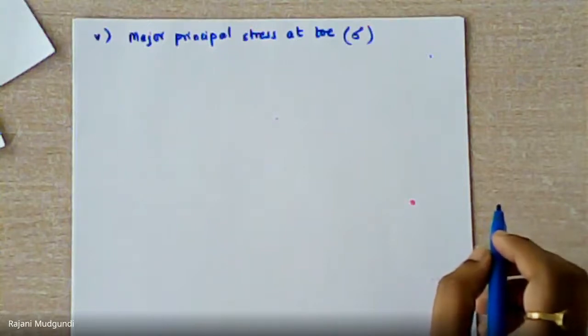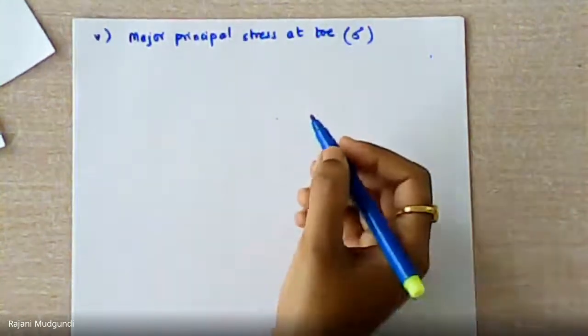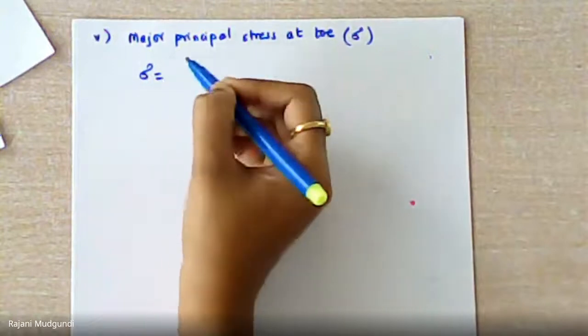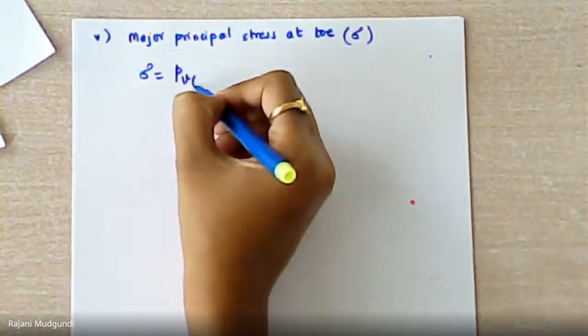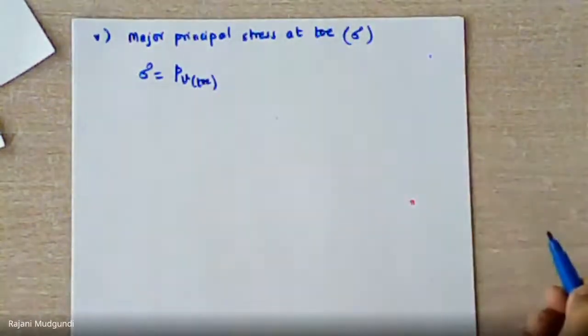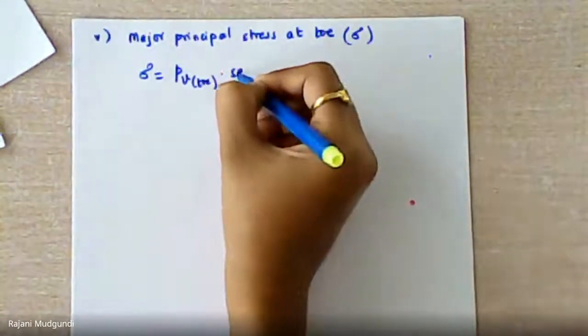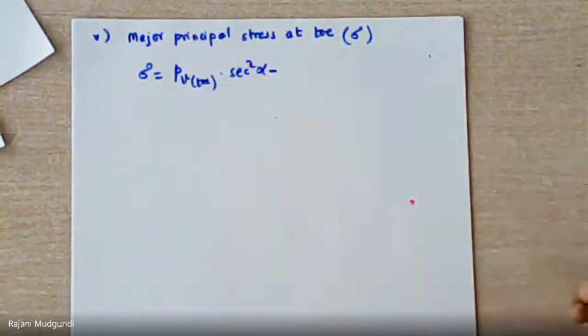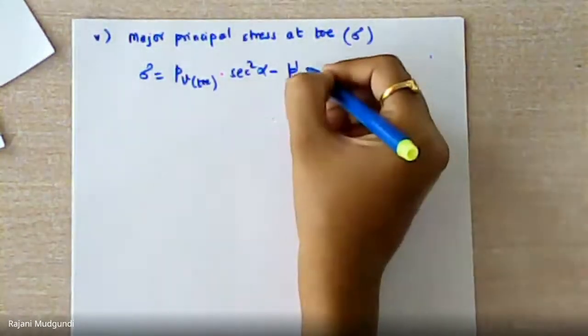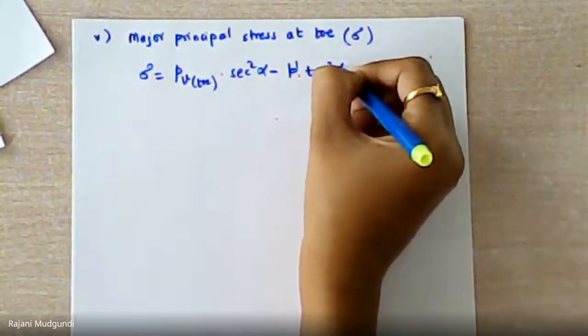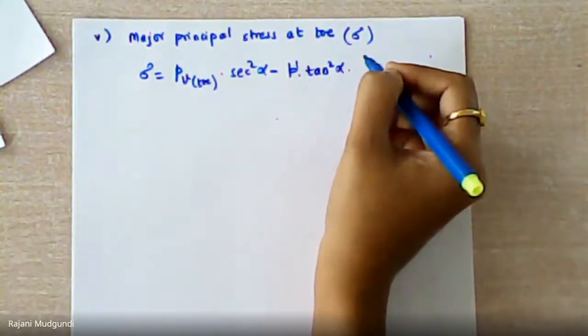The formula for calculation of major principal stress is sigma is equal to PV at toe into sec square alpha minus P dash into tan square alpha.